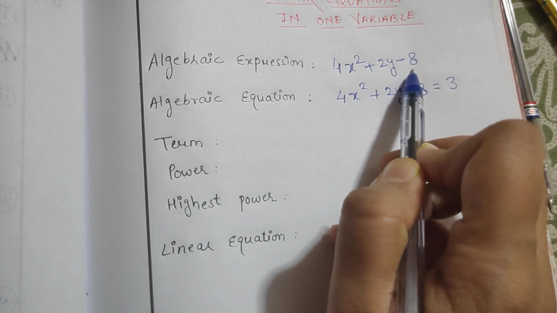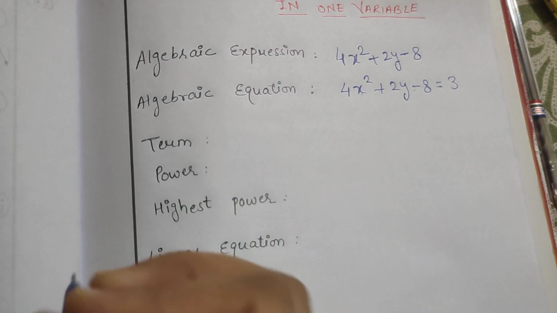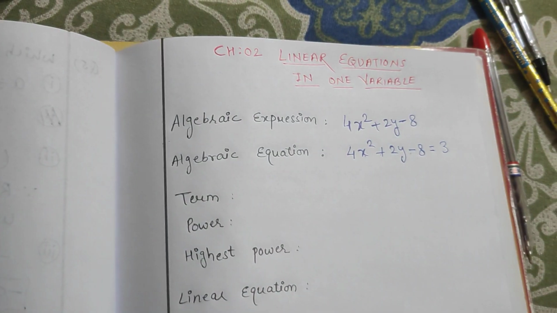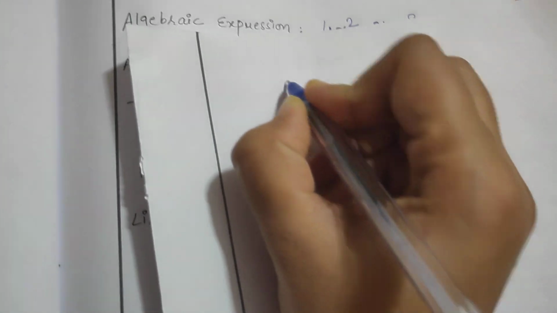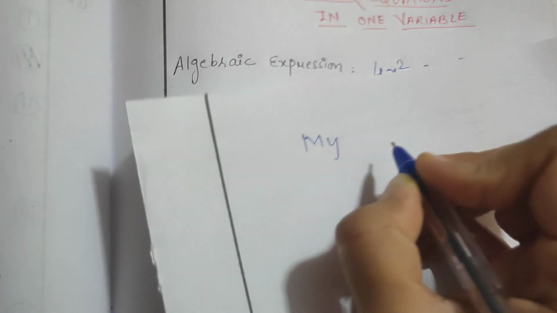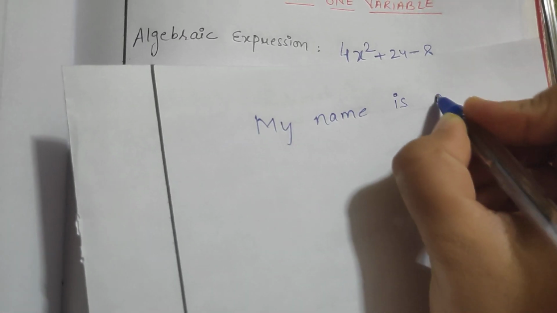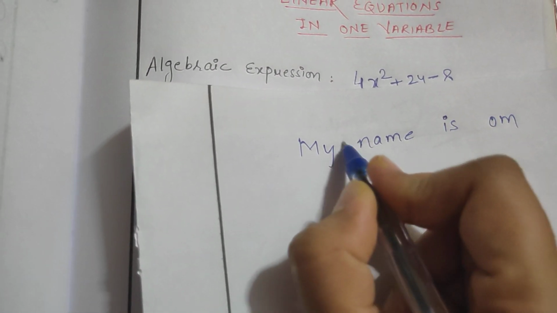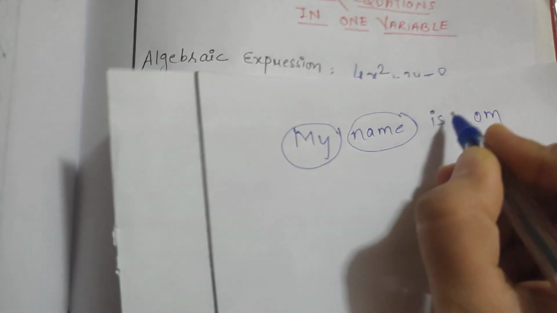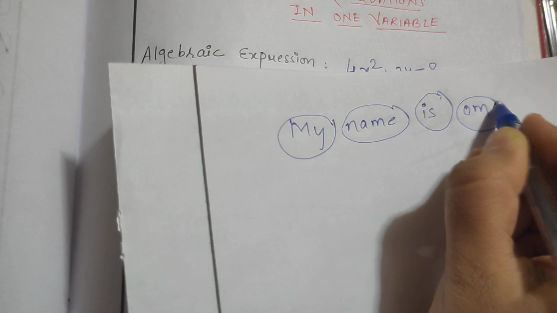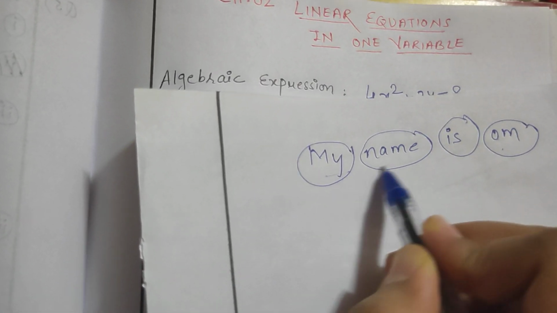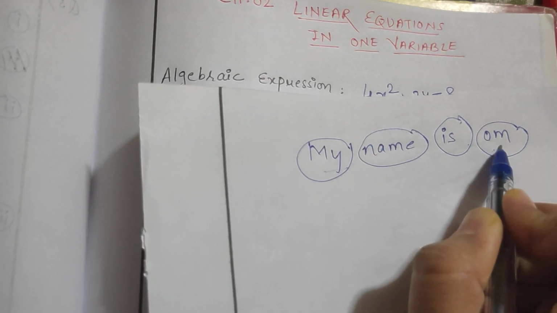As we know, any sentence is formed with the help of words. Like if you have to write your name, you can write my name is, let us write Om. So this whole sentence is made up of these four words.